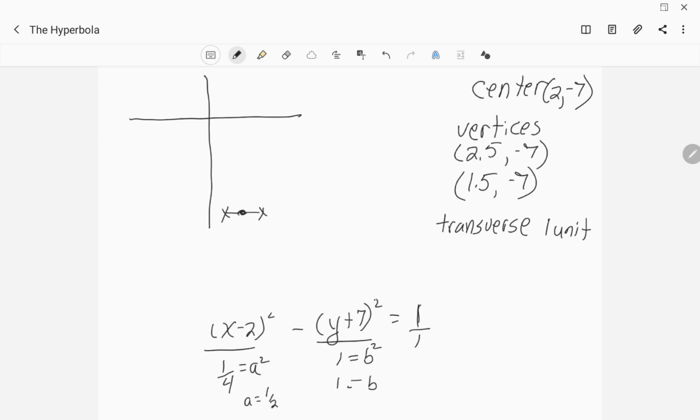So my conjugate axis is going to be going up and down. My b is 1, meaning from my vertex to get to the asymptote, I'm going to go up 1 square. And to get to the other asymptote, I would go down 1 square, meaning the total conjugate axis would be 2 units.